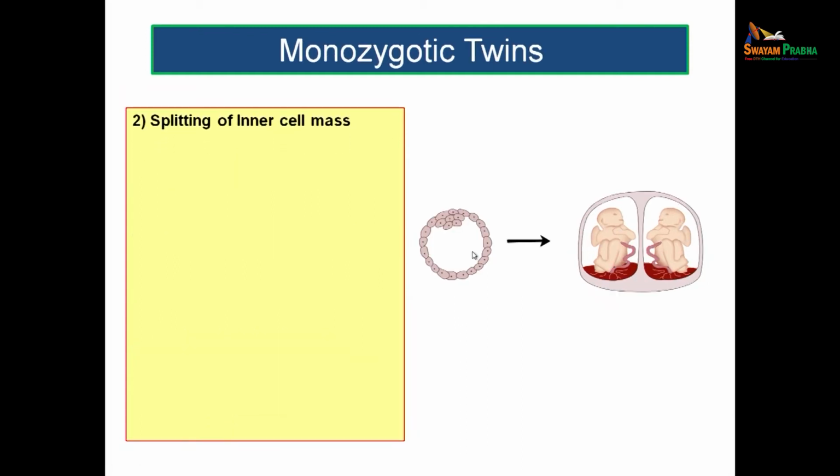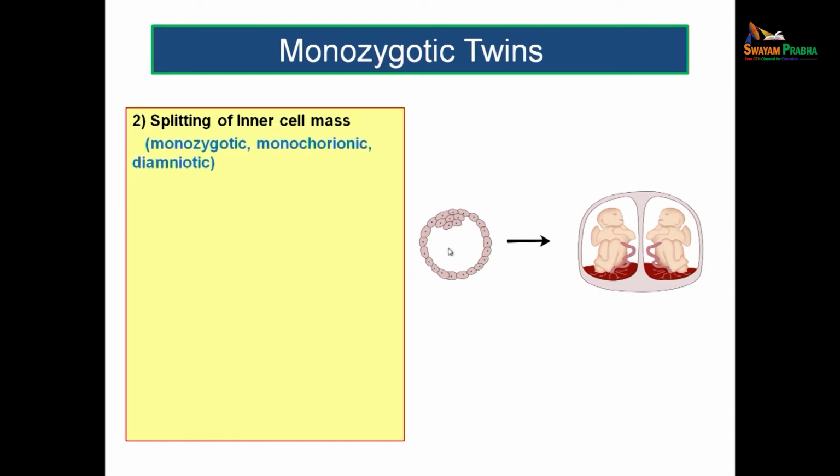Now, let us see the next stage, that is, if the splitting is late and happens after the formation of the inner cell mass. You can see that the group of cells has differentiated into an inner cell mass and an outer cell mass. So, suppose at this stage the division happens, what could be the result? Here we can see that the blastocyst cavity has already developed.